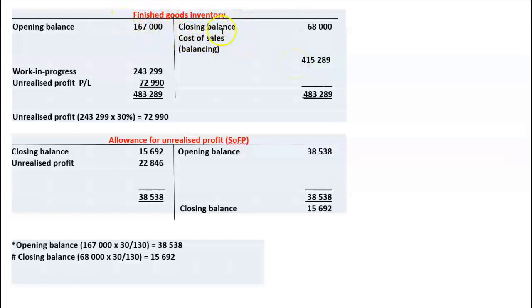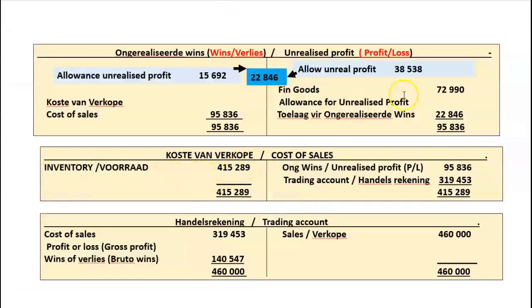What is lying in the finished goods account? My bumped up amounts. So all these amounts in the finished goods account include the 30% unrealized profit. So my cost of sales, I have to adjust because that is inflated as it's lying there with 30%. By posting this amount to cost of sales, now what is this amount? Let's go and check.